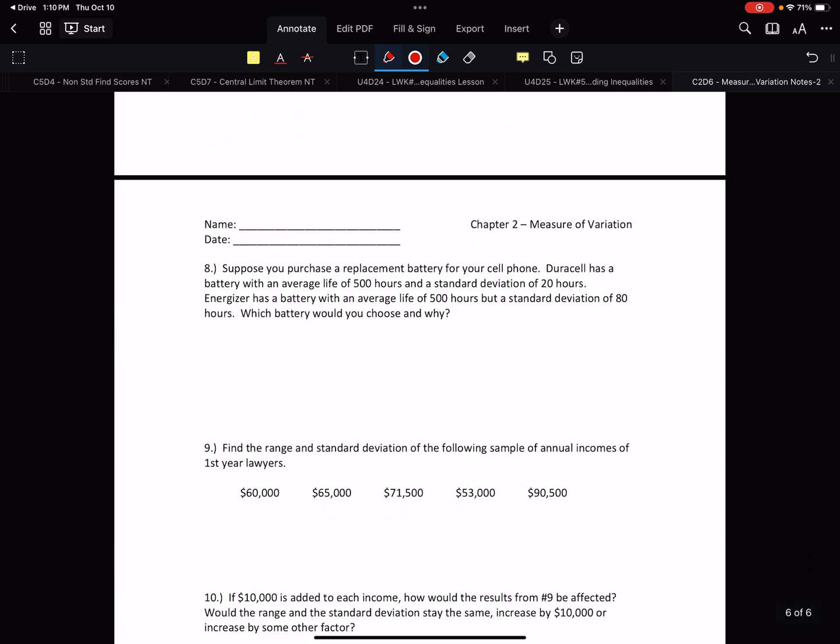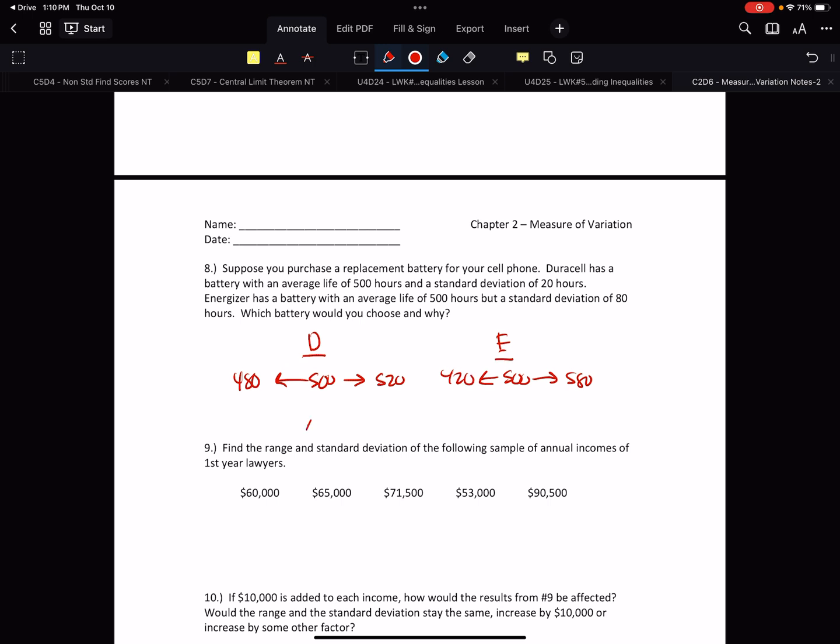With the last problems here, the first question is saying, what battery would you use? Well, Duracell has a mean of 500 and a standard deviation of 20 minutes, meaning that 68% of the batteries are going to have a battery life between 480 and 520 minutes. Whereas Energizer has the same mean, but has a standard deviation of 80, 580, and 420.